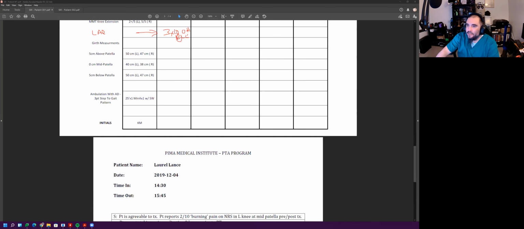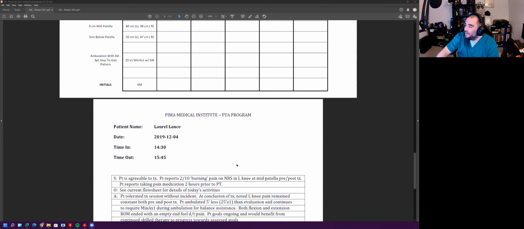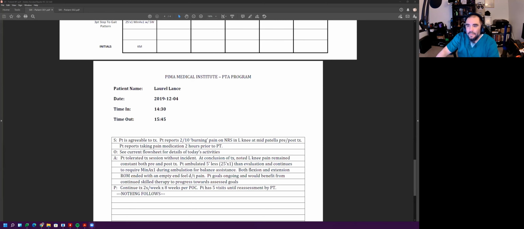Then when I come down here to my O, I'm not going to add to this because this is the previous note, but I'm going to say added long arc quads today, 3 sets of 10, 0 pounds, right lower extremity. Something to that effect, right? You're just going to note that you did. And then I'm going to go down to the A and say why I added it.